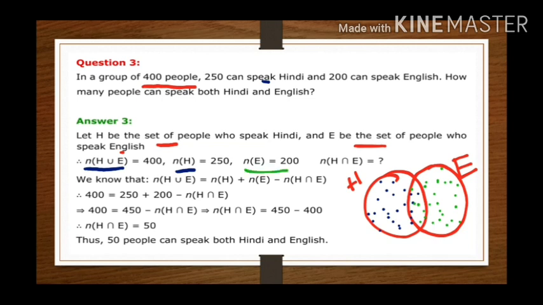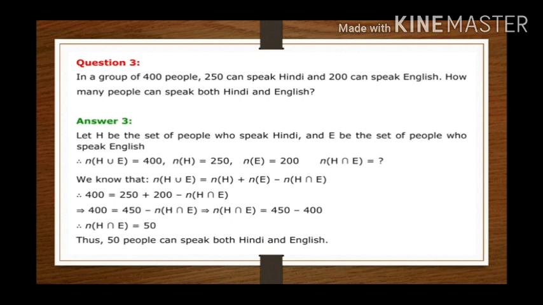So you have to find how many people can speak both English and Hindi. That means how many people belong to this area. This area means H intersection E. You have to find cardinality of H intersection E.